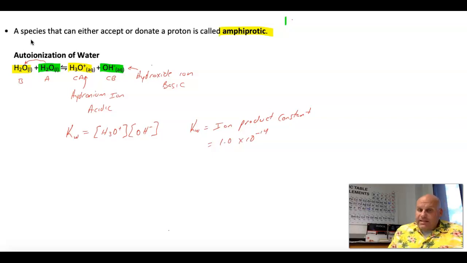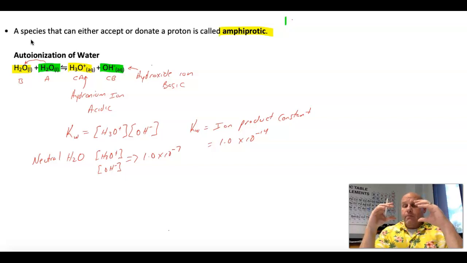So that means that for neutral water, that's not acidic nor basic, our H3O+ concentration and our OH- concentration need to be equal. That would mean they would be 1.0 times 10 to the negative 7th, both of them, for neutral water.